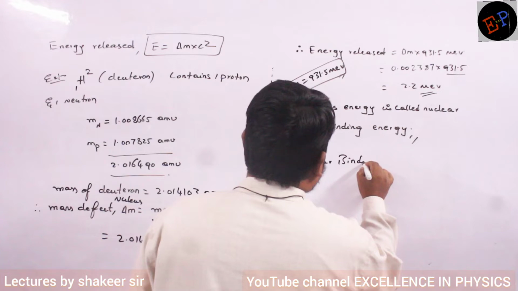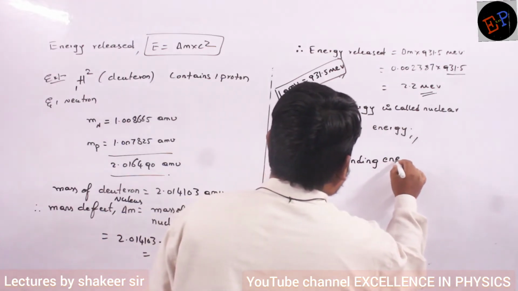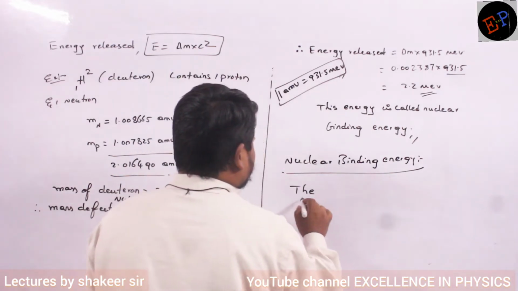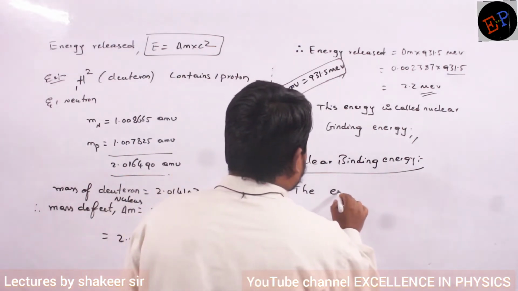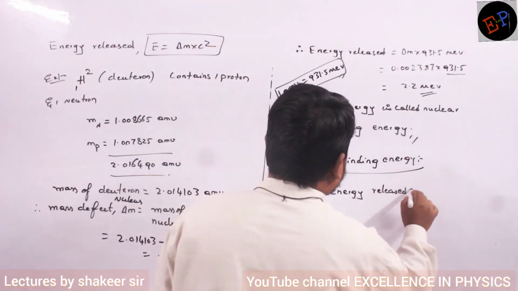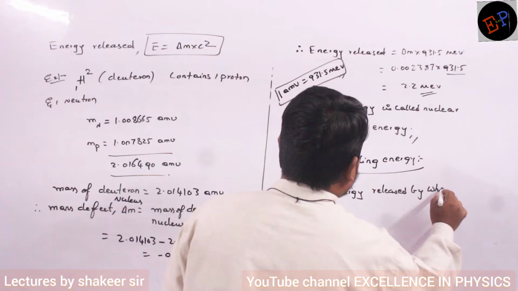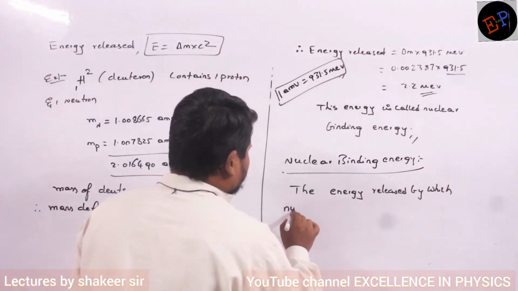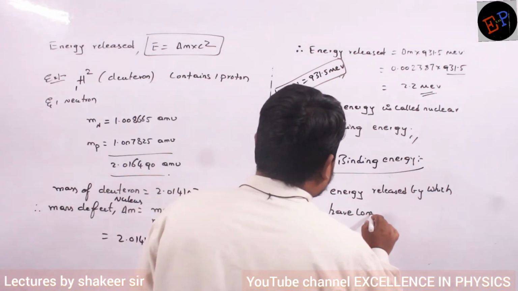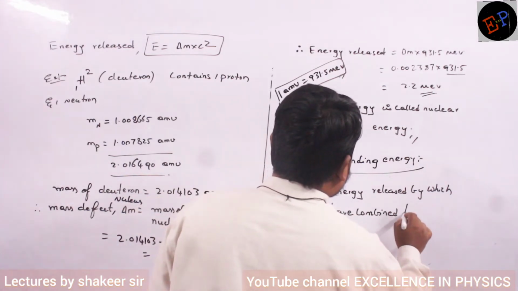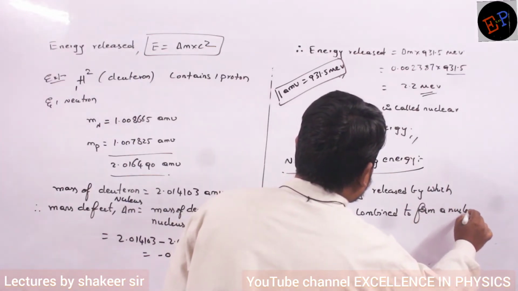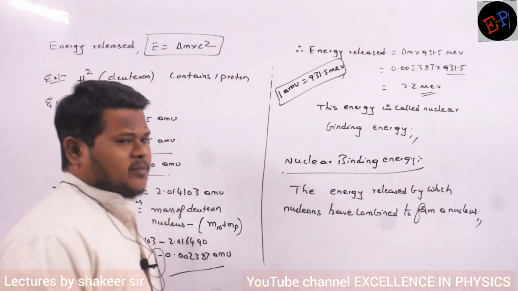Nuclear binding energy definition, how I can write is like this. Clear, ma? So two definitions I will write. The energy released by which nucleons have combined to form a nucleus is called nuclear binding energy.